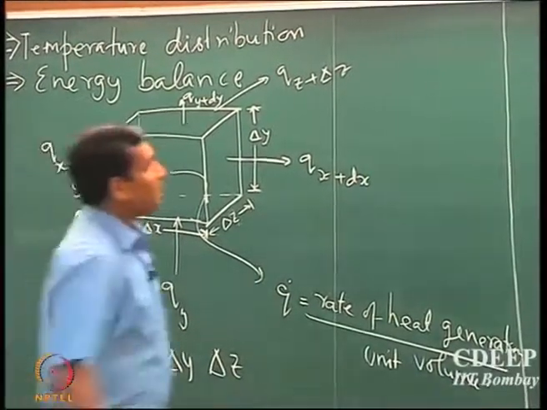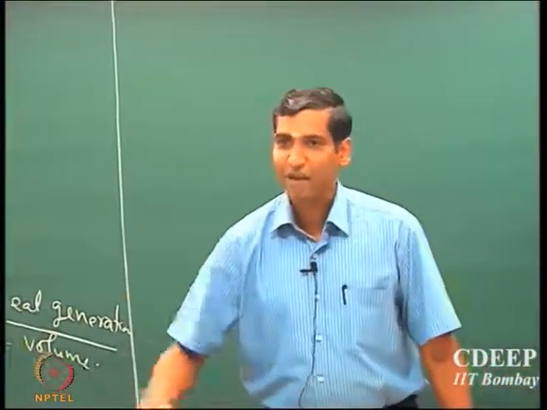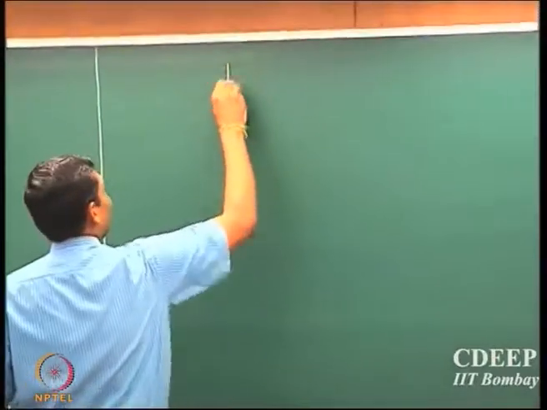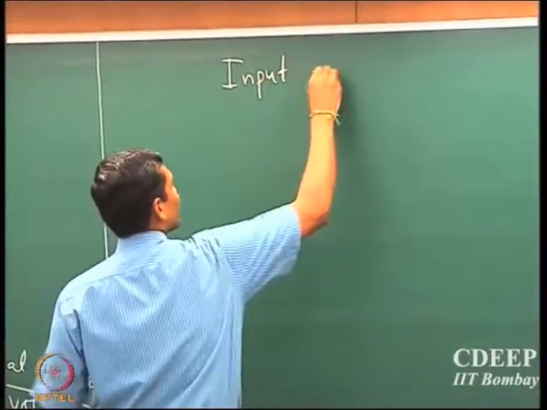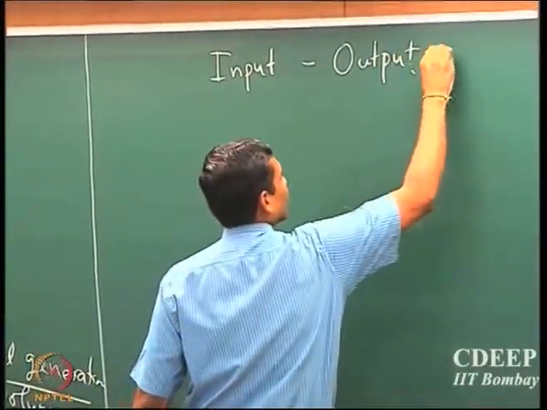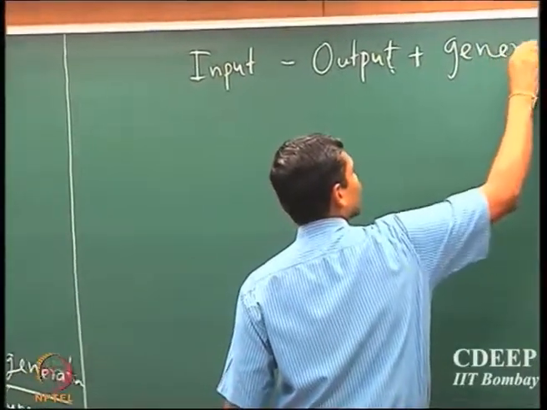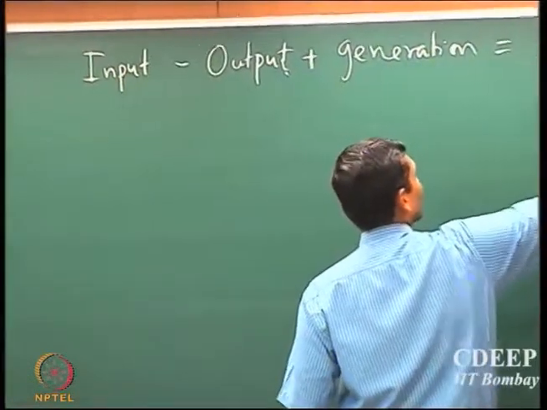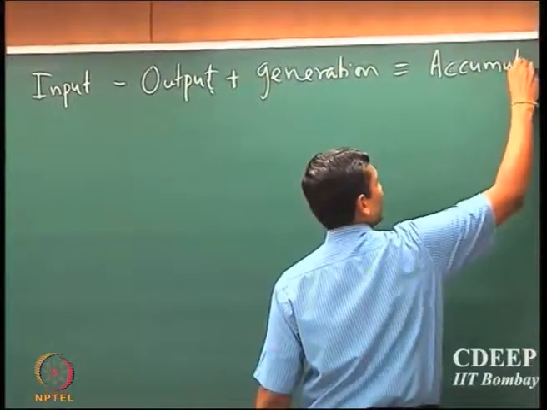So let us write a simple balance. The general thumb rule for writing any balance, whether it is heat or mass balance, is input to that element minus output plus generation term should be equal to the amount that is accumulated.